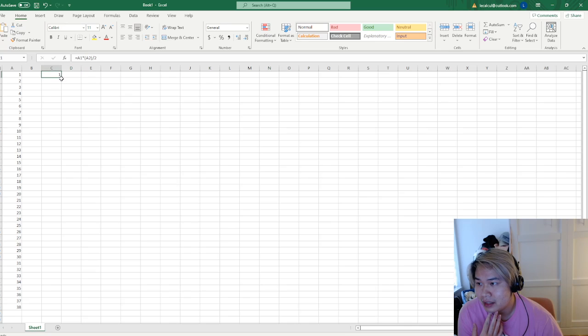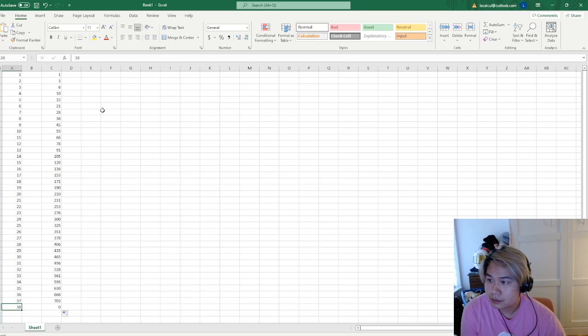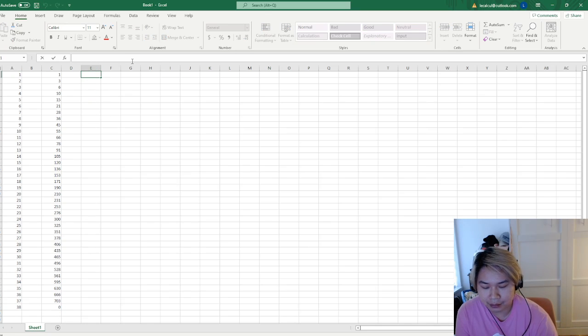Okay. And then we can just populate this. And then we have our formula for the pentagonal numbers, which is n times (3n minus 1) divided by 2 again, right?